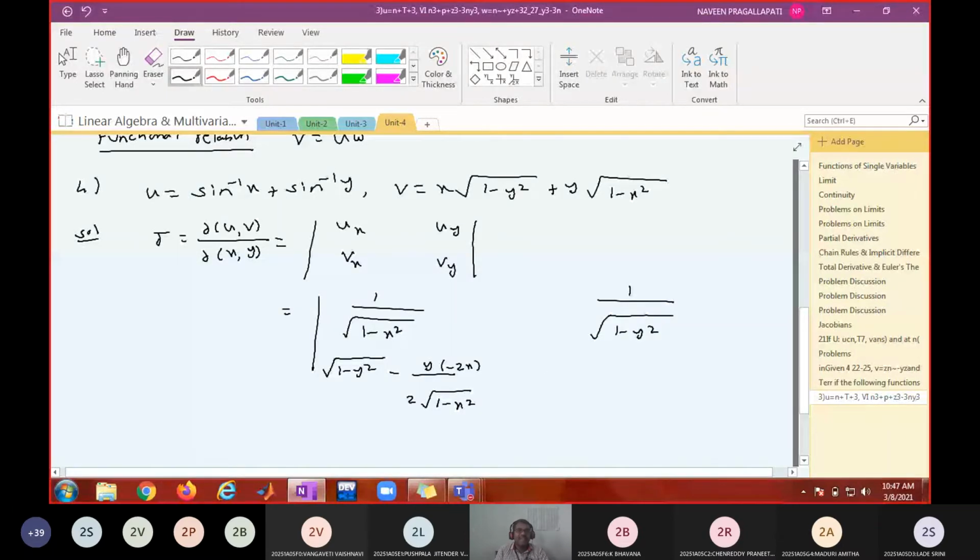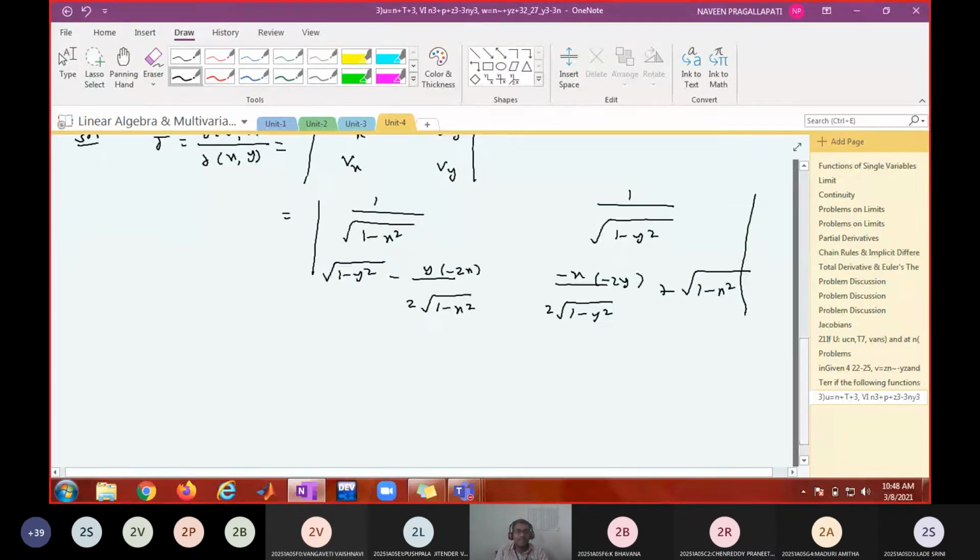Similarly, what is Vy? Minus x by 2 root of 1 minus y square into minus 2y, plus root of 1 minus x square. Find out the simplification.